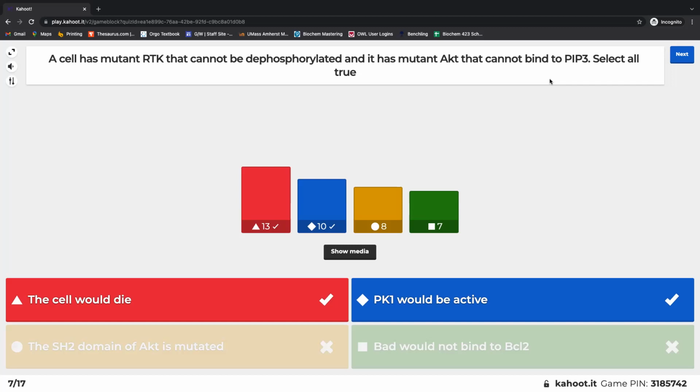Green is true because unphosphorylated BAD binds to BCL2, which causes your cell to die. And PDK1 would still be active because, right, this is where we have to break down upstream and downstream again. So upstream is the mutant RTK, so your RTK is constantly active. It activates everything past the RTK. So PI3K binds, PIP2 is converted into PIP3, and PIP3 binds to PDK1, so PDK1 is active.